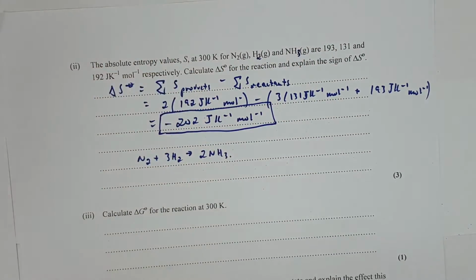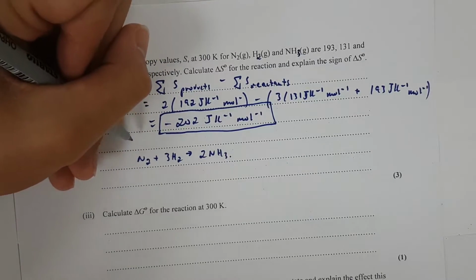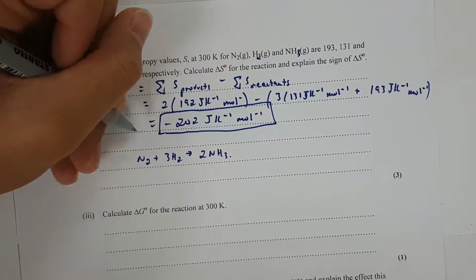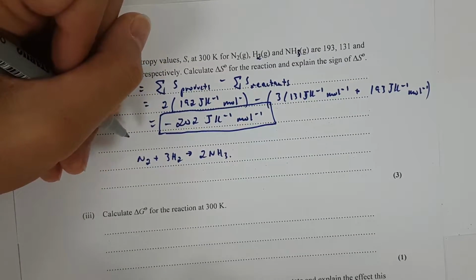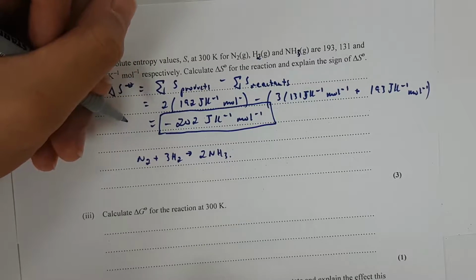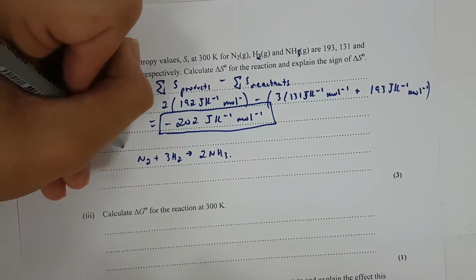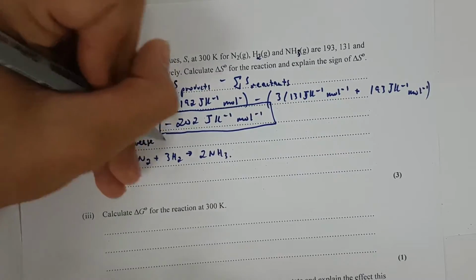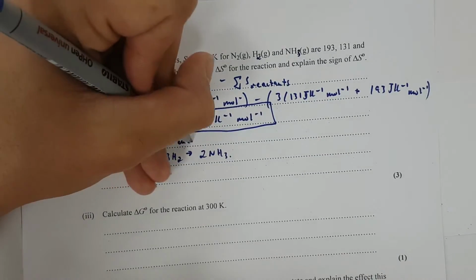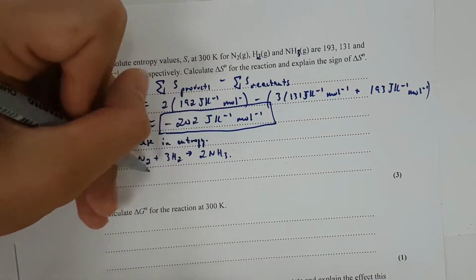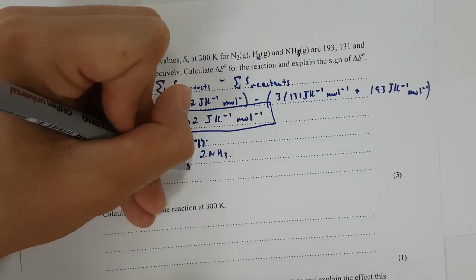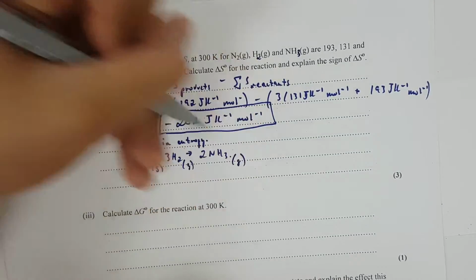And the question says, explain the sign of delta S. The sign is negative, and what that means is that through the reaction, there's a decrease in entropy. And to explain that decrease in entropy, we can look at the moles of gaseous molecules before and after the reaction.